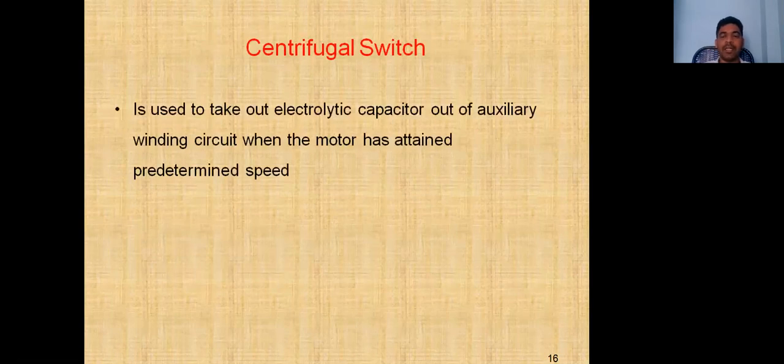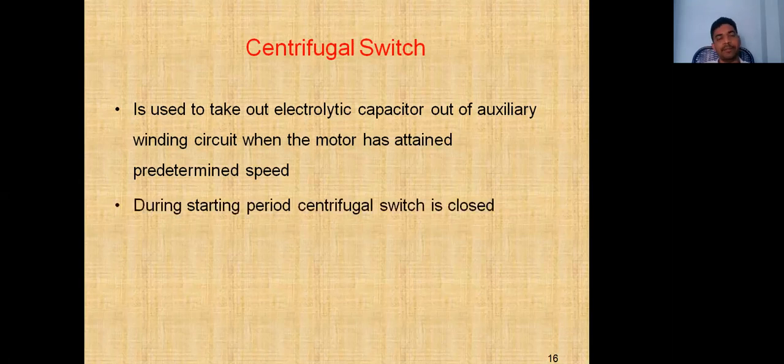The centrifugal switch is used to take the electrolytic capacitor out of the auxiliary winding circuit when the motor has attained a predetermined speed.